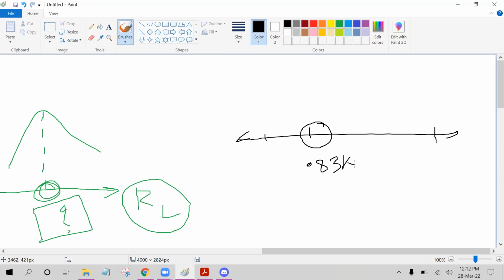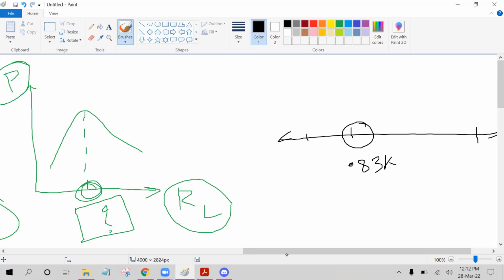So what I can do is I can take some load resistor values which are less than Thevenin. Say I'm going to take 0.1 kilo, 0.3 kilo, say 0.5 kilo. All these are in kilo ohms, right?